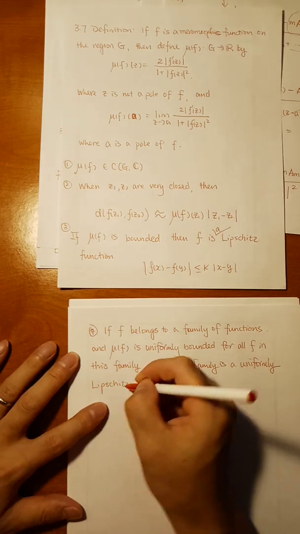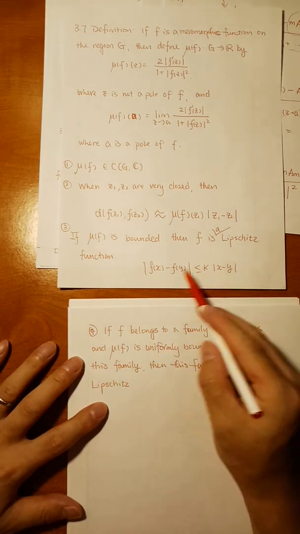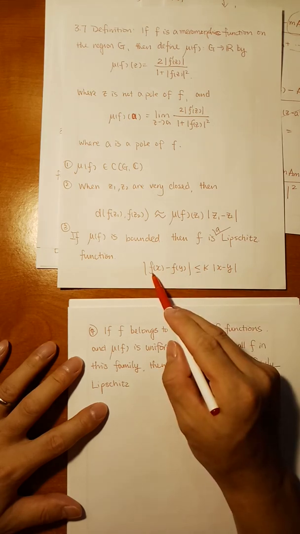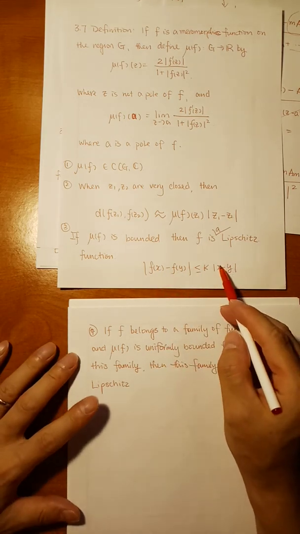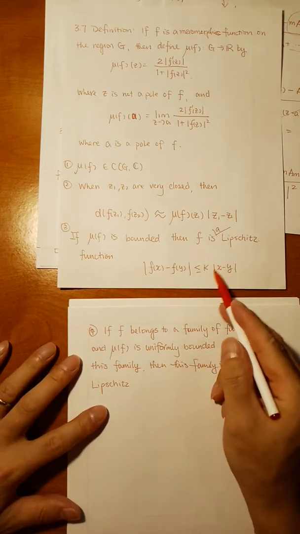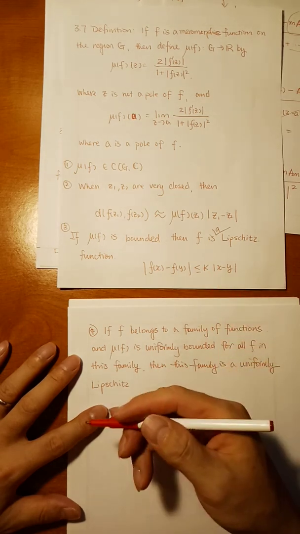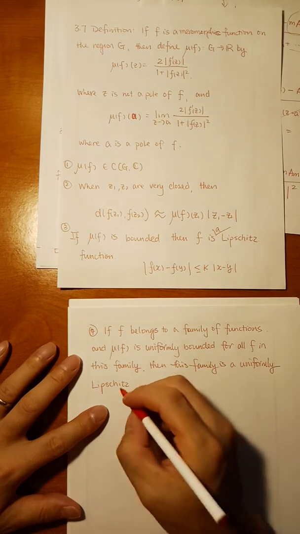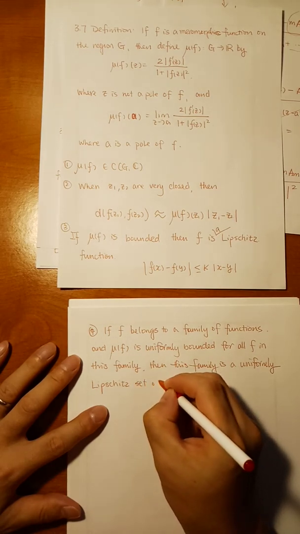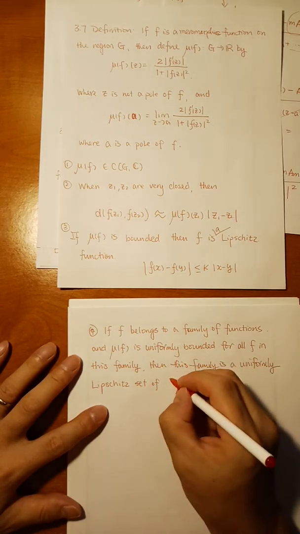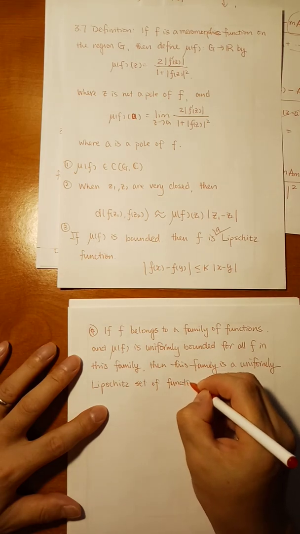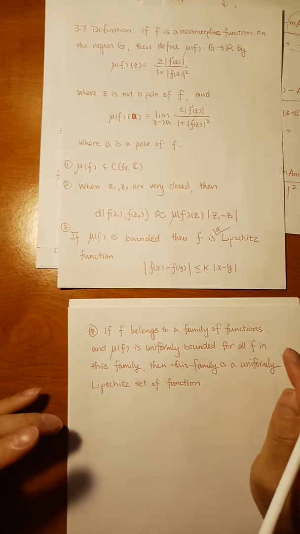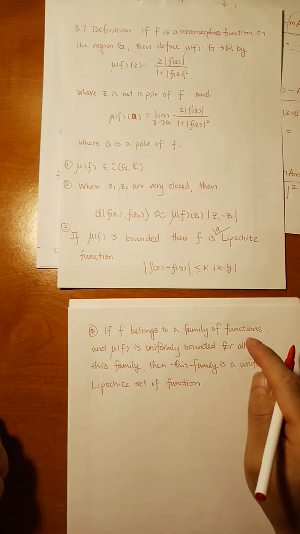What is a uniformly Lipschitz set? Here this k depends on the function f. If f changes, its k may change. But uniformly Lipschitz set means that this k will work for every element from the family. Okay? If it is a uniformly Lipschitz set of functions, you will get a normal family.